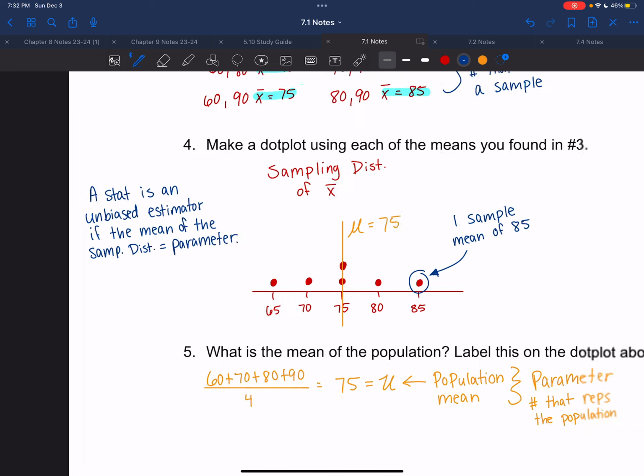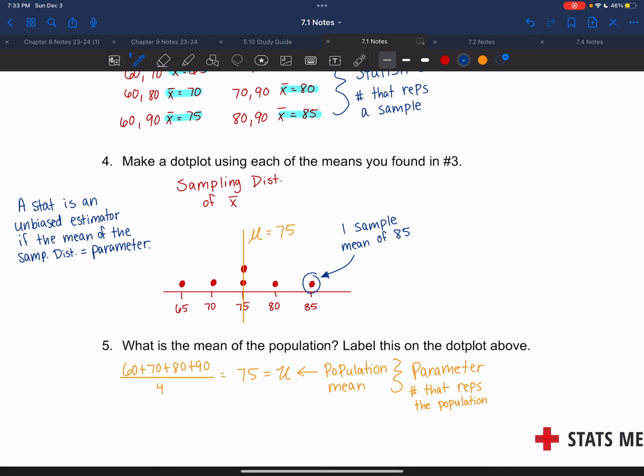So in the example here, number 4, this sampling distribution is an unbiased estimator because it accurately represents the true population mean.